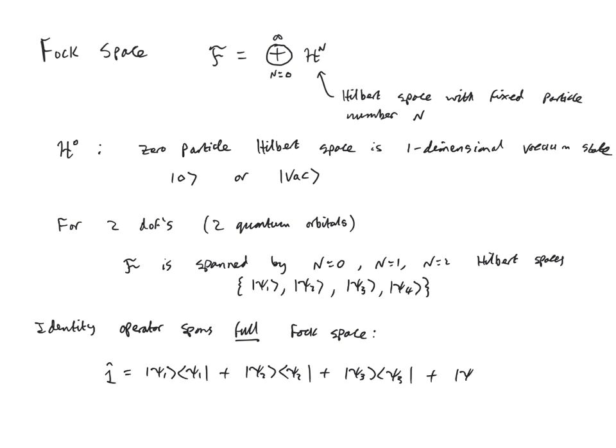And again, the defining property of the identity operator is that we can apply it to any arbitrary state living in the full Fock space and get that state back again.